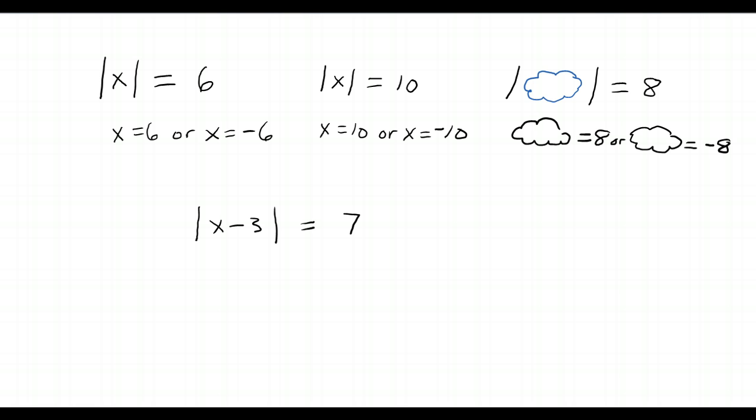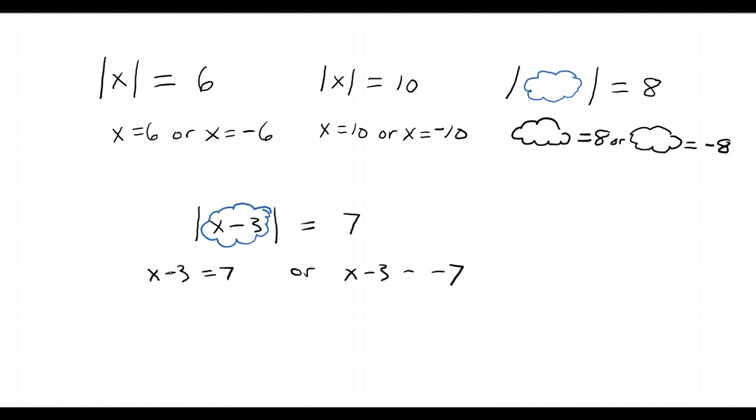Okay, let's look at a problem that has a quantity between the absolute value bars. I want you to think of this as being the cloud. So when I did that before, cloud equals 7 or cloud equals negative 7. So I'm going to write x minus 3 equals 7 or x minus 3 equals negative 7.